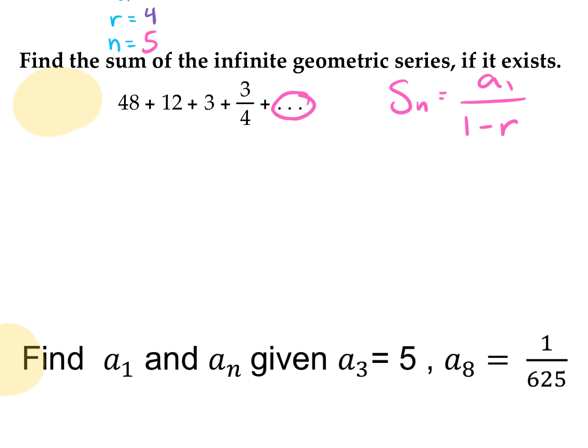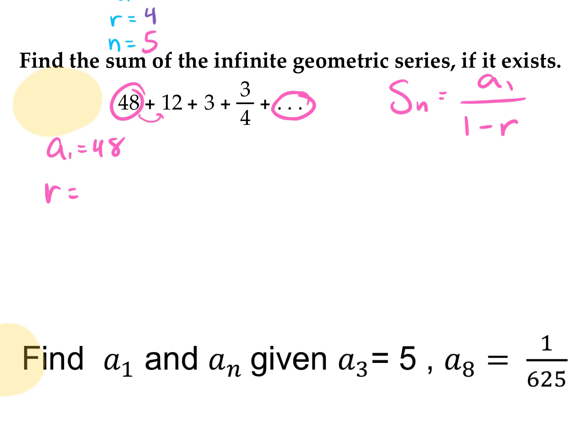So what is a sub 1? 48, that's our first term, which is 48. How would I find r? We're dividing by 4 to get from one to the next.